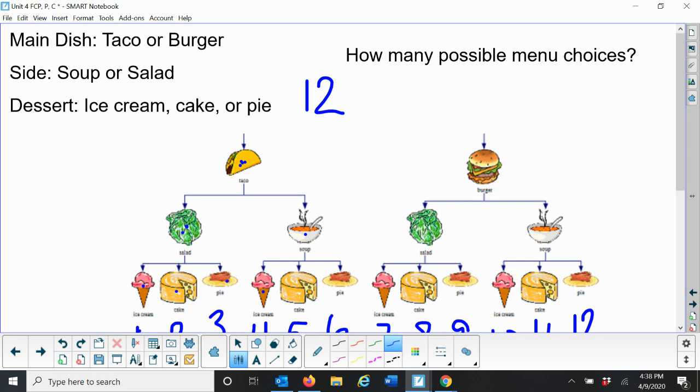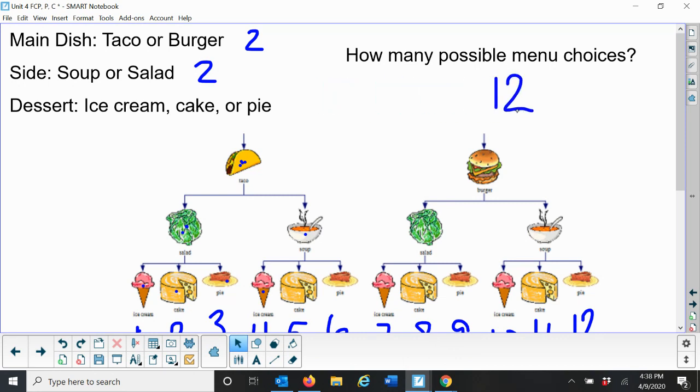Well, how did I get that? If we take a look at what we have here, we have two choices in our main dish. We have two choices in our side item. And then in our dessert, we have three options.